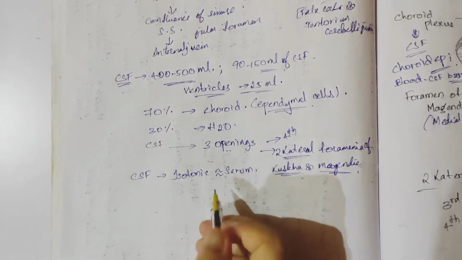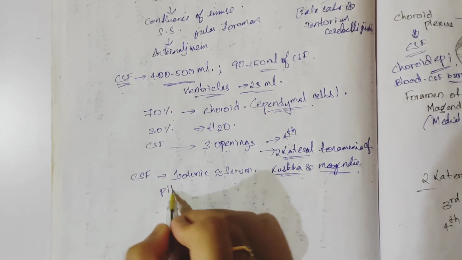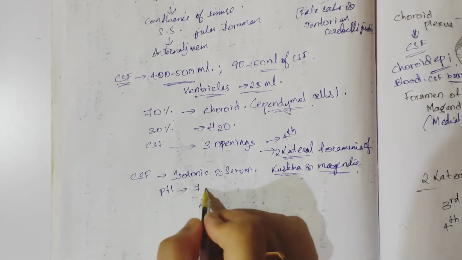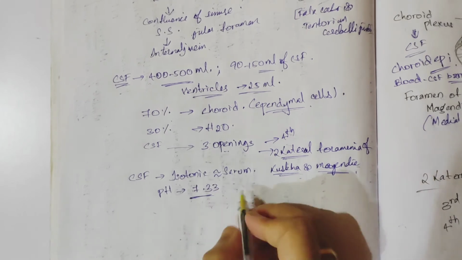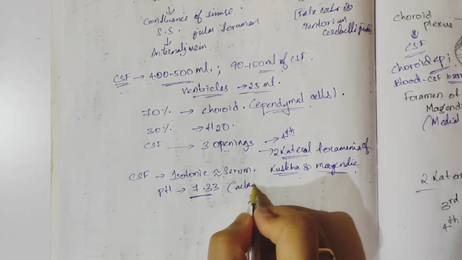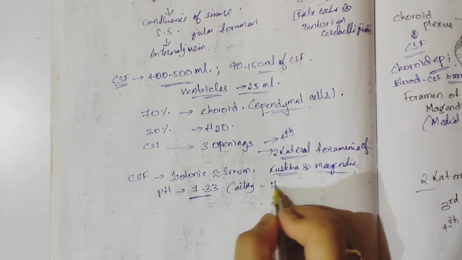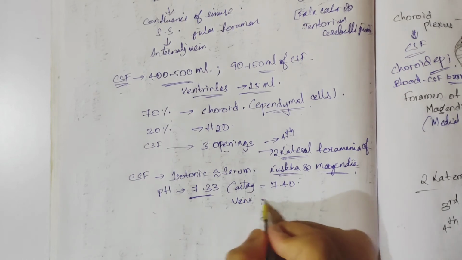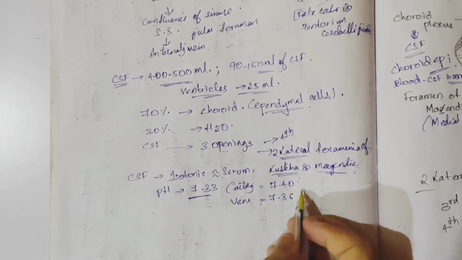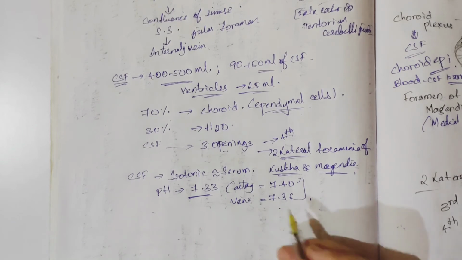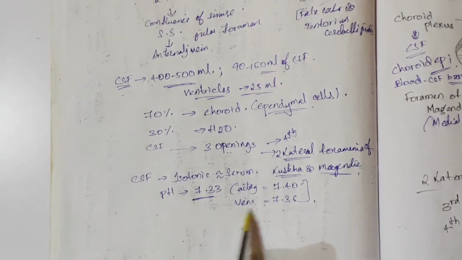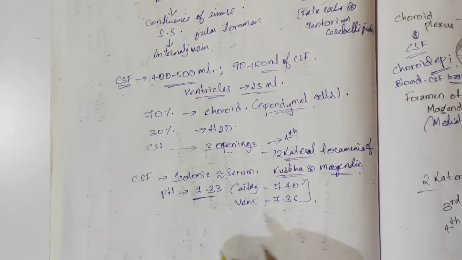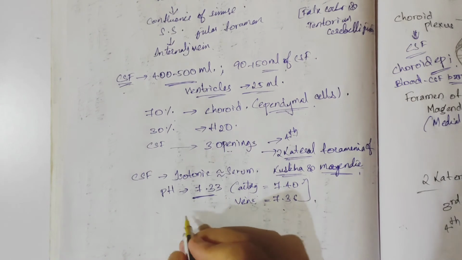The pH level of this is almost 7.33; for arterial blood it is 7.40, and for venous blood it is 7.36. So this is below the venous blood, that is 7.33.